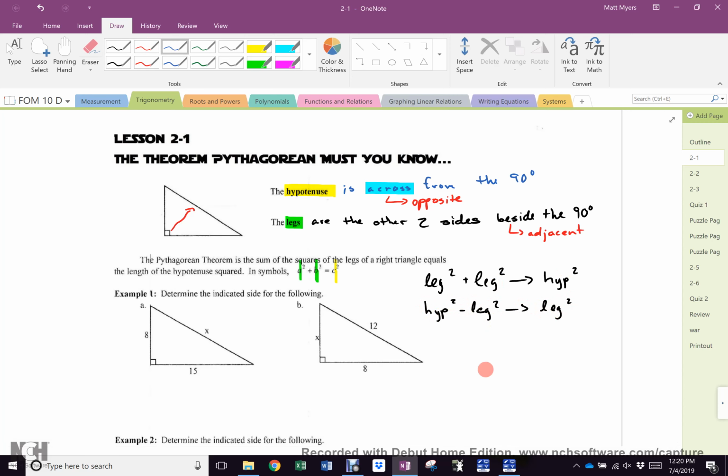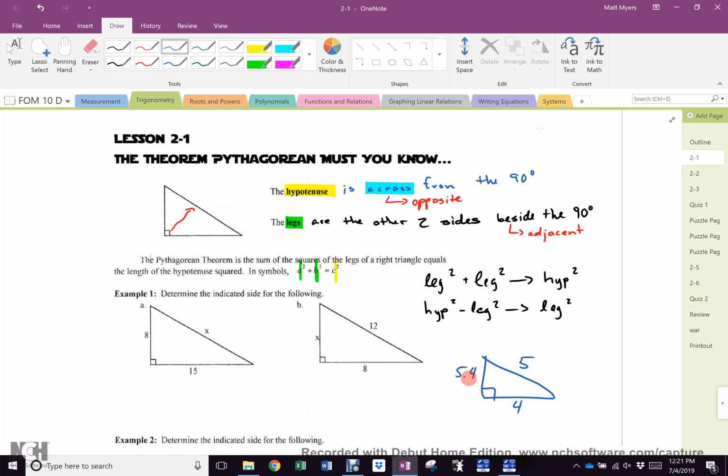The other thing kids do is I give them this. I tell them this is 5. And I tell them this is 4. And then they have the nerve to tell me that this is 5.4. Can you believe that?